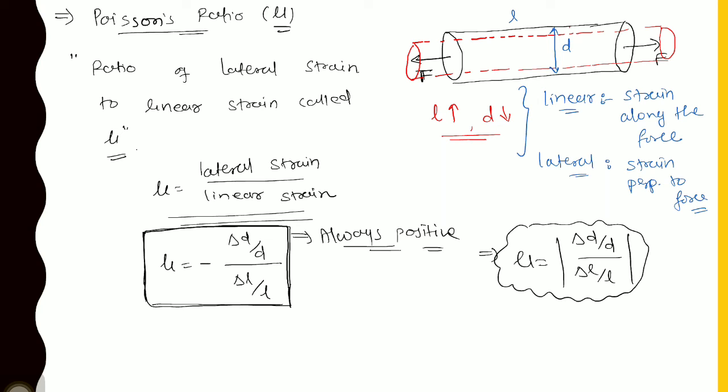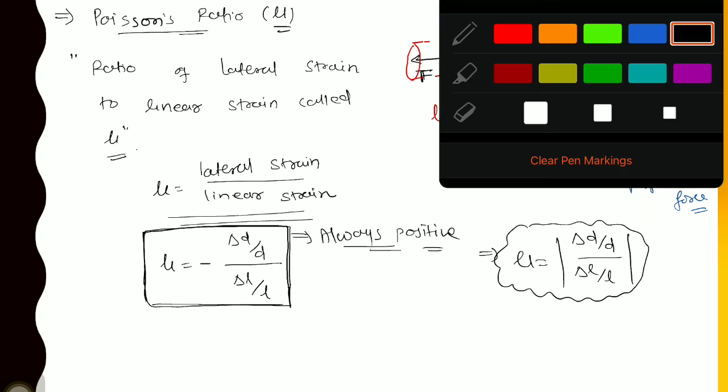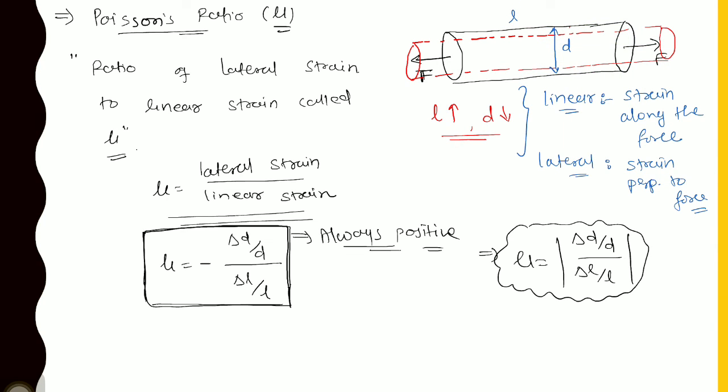Okay, so what does the negative sign indicate here? The negative sign indicates that if the length increases, then the diameter decreases. So finally by using the negative sign you get the positive answer.